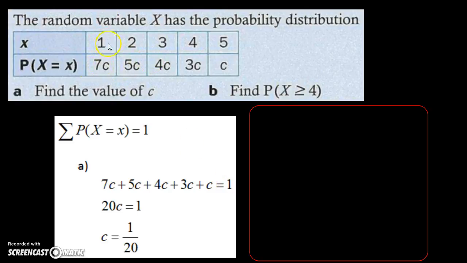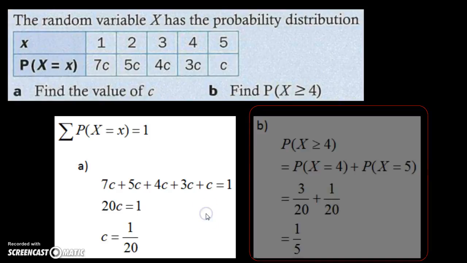So 7C is when my random variable is equal to 1. 5C is the probability for my random variable equal to 2. 4C is the probability when my random variable is 3, so on and so forth. Right? So when I try to find the sum of the probabilities, I should get 1. And then after we set that up, everything else is just algebra. So my C is equal to 1 over 20.